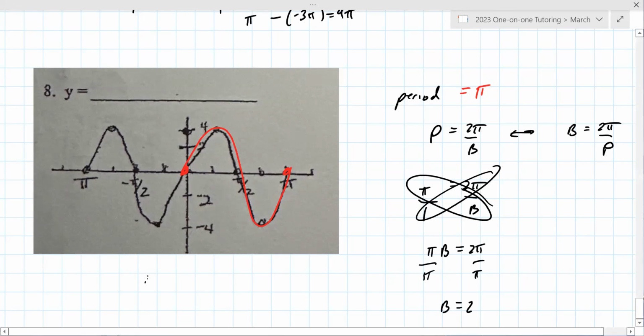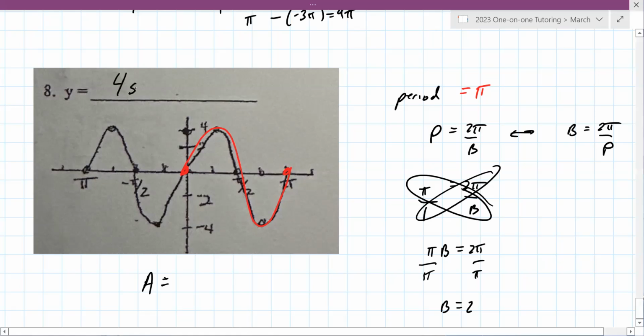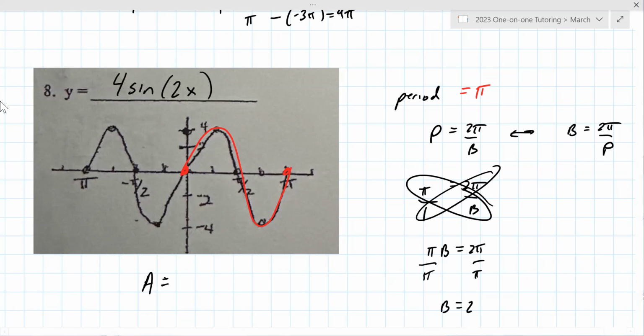Now, how about the A? I'll let you calculate that. Go ahead and try to determine the value of A for us, please. So A would be 4. Yes. So this is 4 sine 2x.